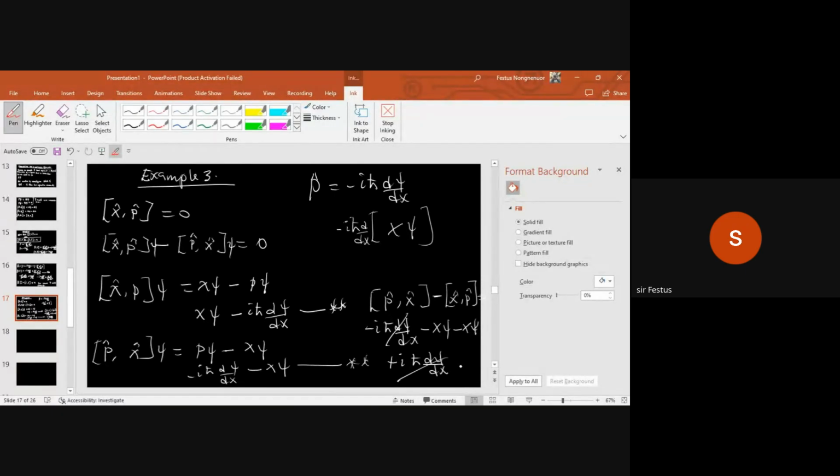Okay, but in the model they're having minus iH of psi. We are using X commuting with P, the same that they use. So that's what they are getting. So minus iH of psi.